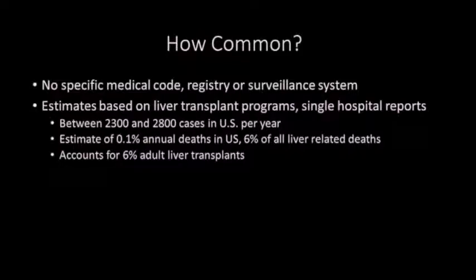The estimates are between 2,300 and 2,800 new cases in the United States per year. The overall annual death rate is 0.1%, which actually is fairly significant for this relatively rare entity, and it accounts for 6% of all liver-related deaths. In addition, for a fairly uncommon entity, it accounts for 6% of adult liver transplants.